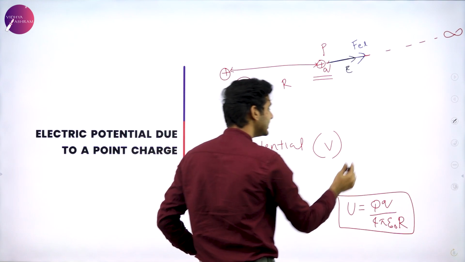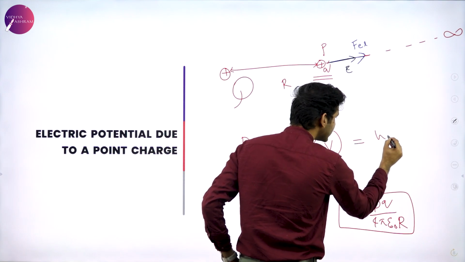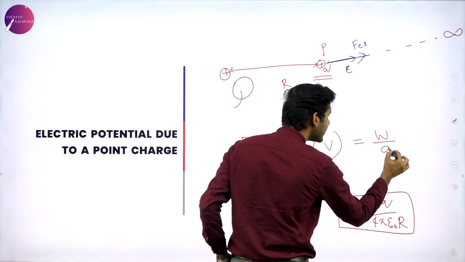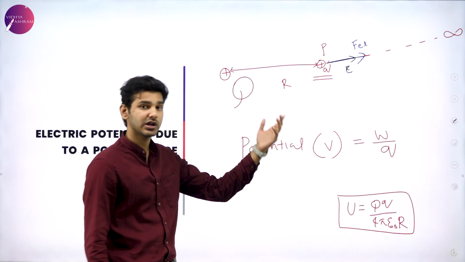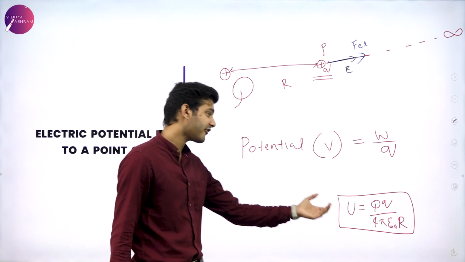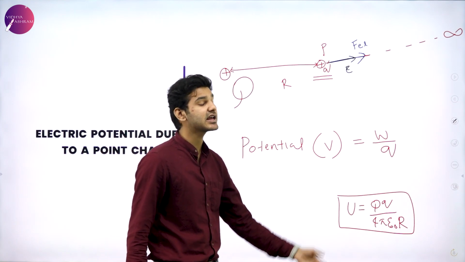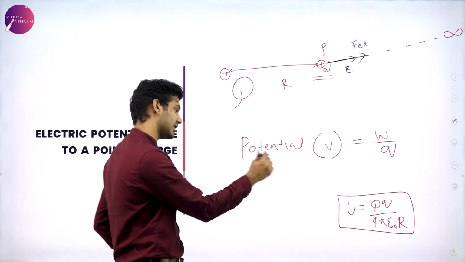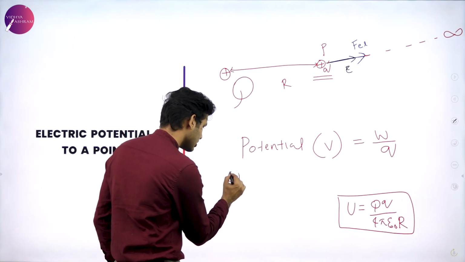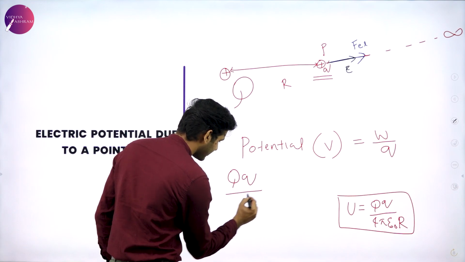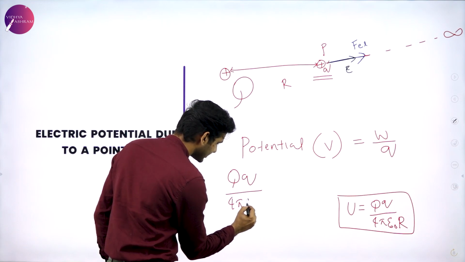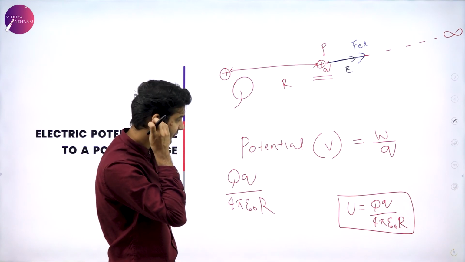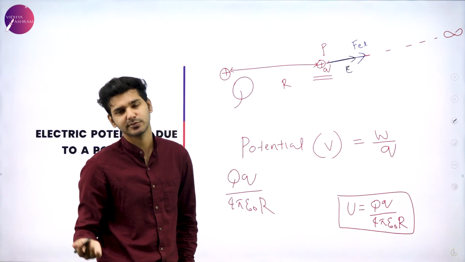And we already have found out the work done in bringing a charge from infinity to a particular point, which is given by the equation Qq divided by 4 pi epsilon naught r, since this distance is r. If you have taken that as small r, then it is completely fine.